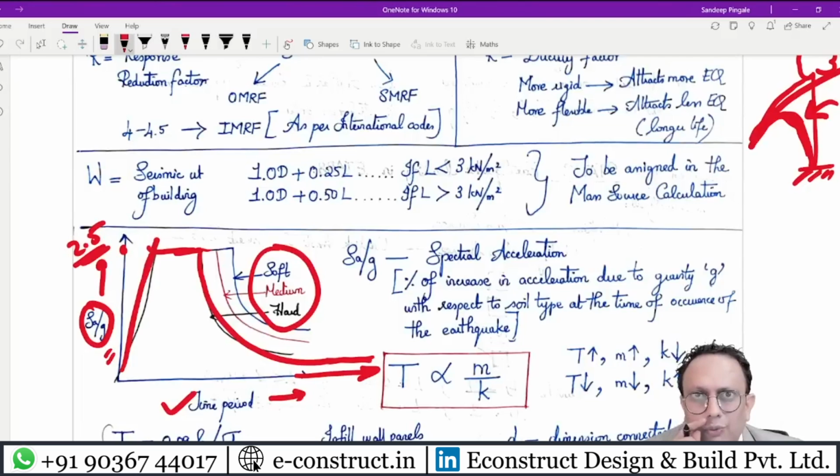What is spectral acceleration with respect to gravity? Now I would like to ask you one question. Please give me the answers in the chat box. Do you think that during the event of an earthquake, the gravitational acceleration force is 0? I repeat, do you think that during an earthquake, the gravitational acceleration offered by the Earth's surface is equal to 0? You can give me the answer in the chat box.